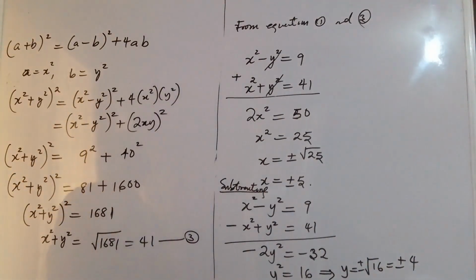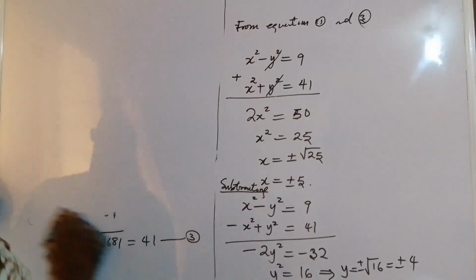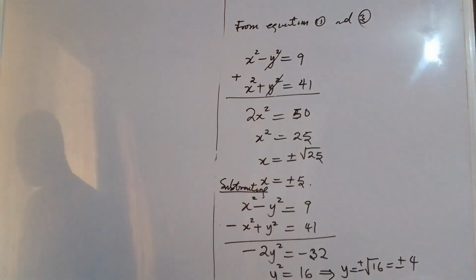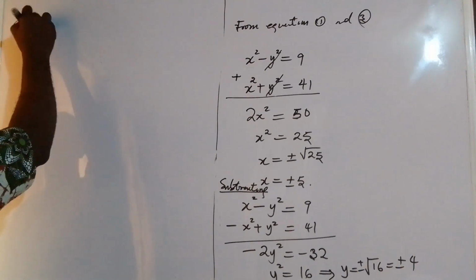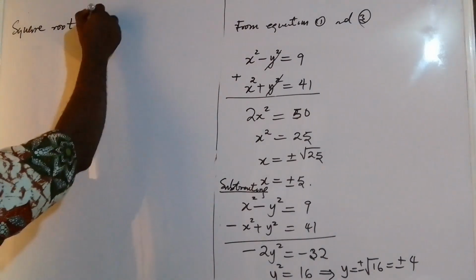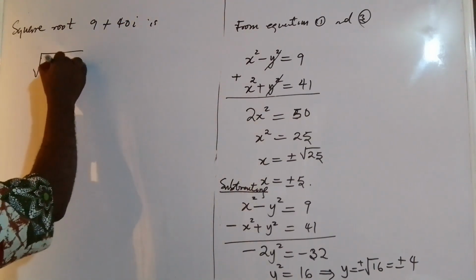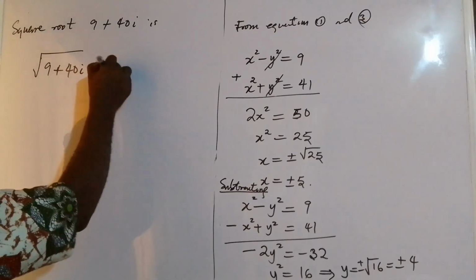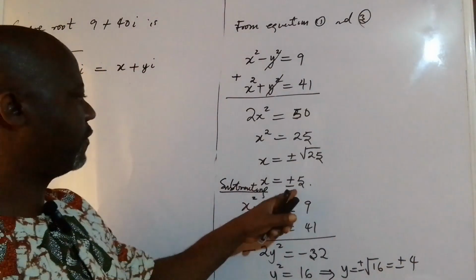All right, so having gotten the value of y and that of x, we can go ahead now and say that since the square root of 9 plus 40i is x plus yi, let's look at this first one.